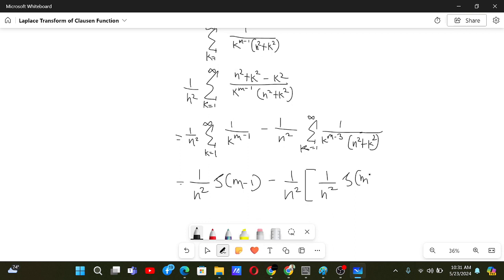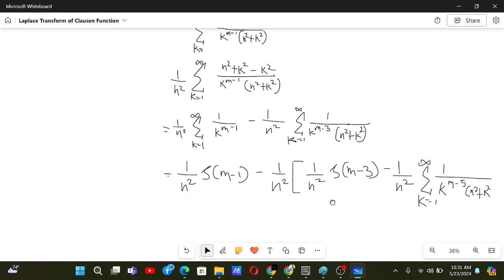And again, minus sign, 1 by n squared, and then over here, sum from k equals 1 to infinity. This number will reduce by a number 2. So, k to the power m minus 5 and then n square plus k square.